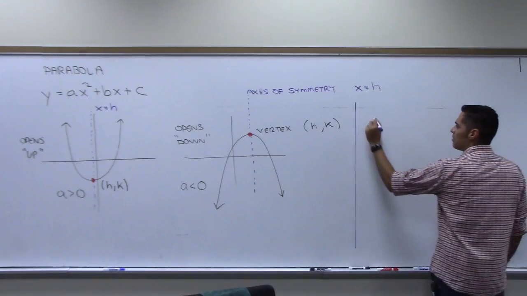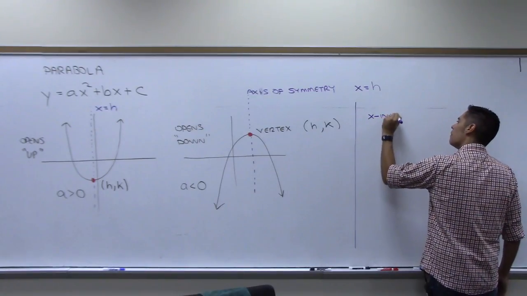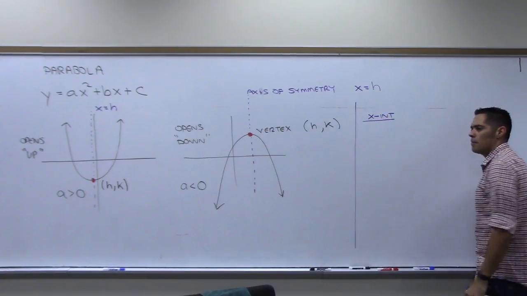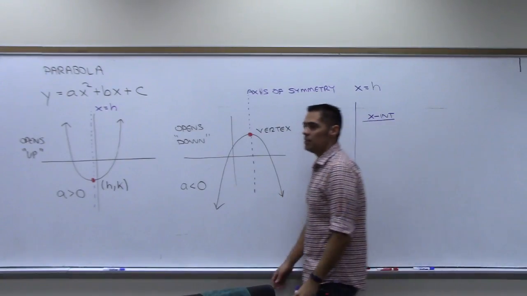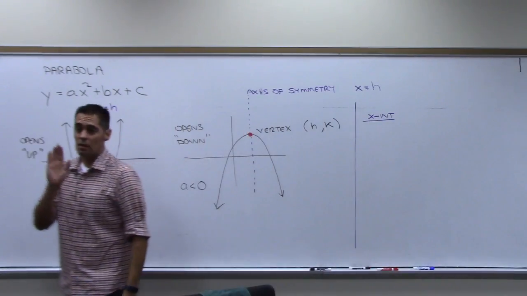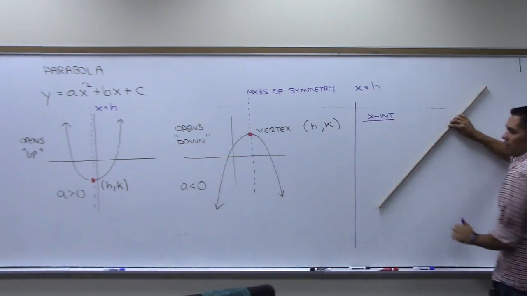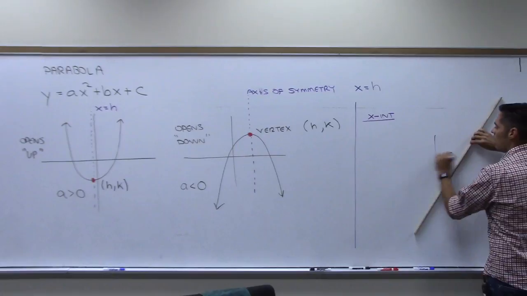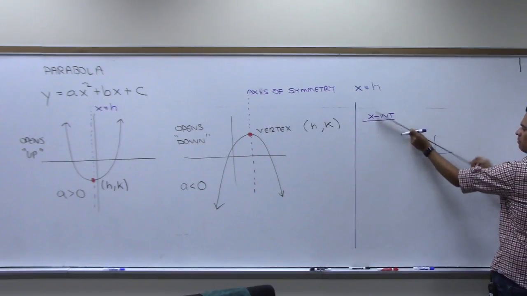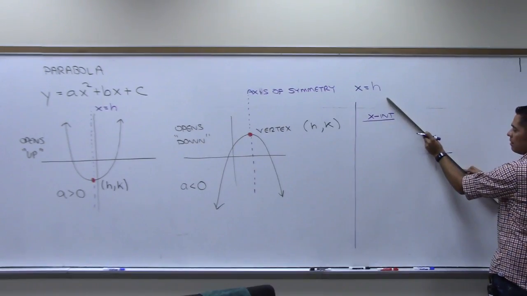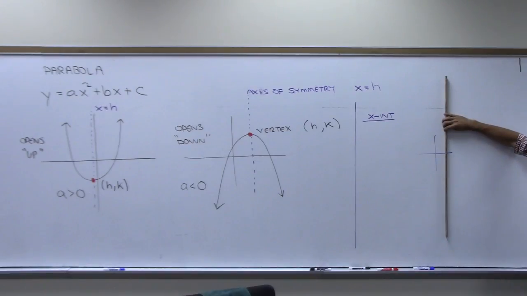Let's talk about x-intercepts. How many x-intercepts does a line have? We should have at most 1, right? Remember, if we have a line, 1 x-intercept. Even if I draw a vertical line, 1 x-intercept. Is it possible to have none?